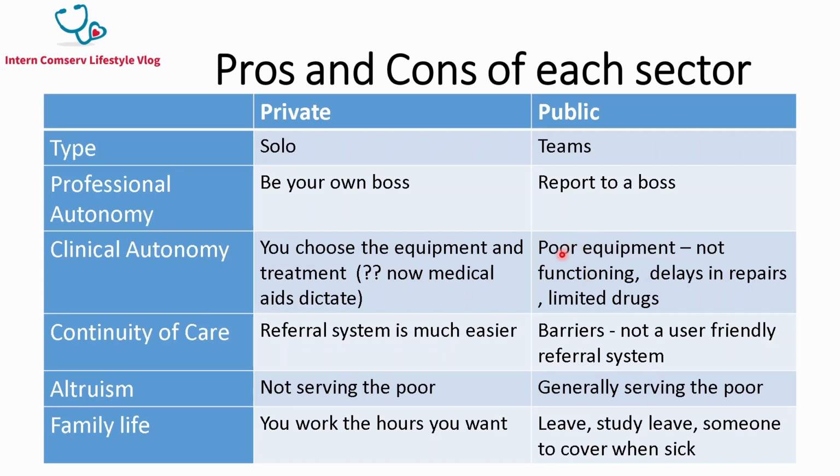So some doctors prefer to earn less in the private sector than deal with non-functioning equipment and delays in repairs. In the public sector, it's not a user-friendly system. There are usually no beds available, and it is difficult to get hold of a specialist that you need, especially after hours.